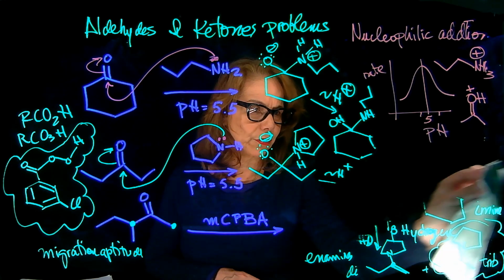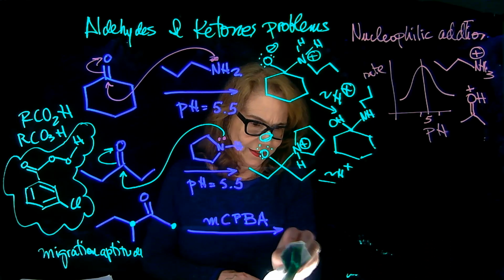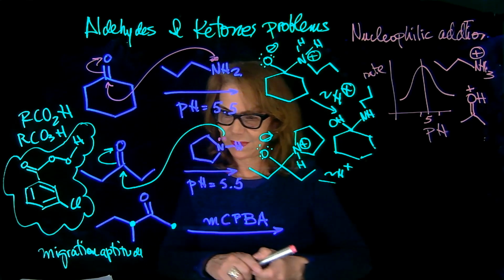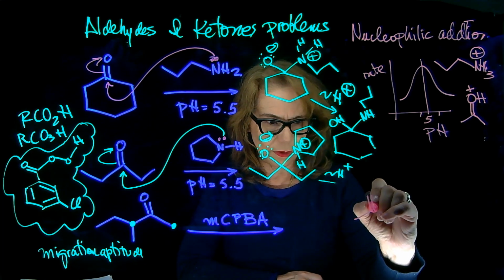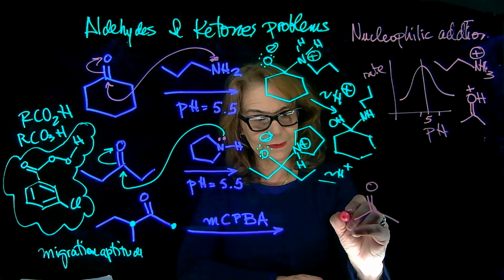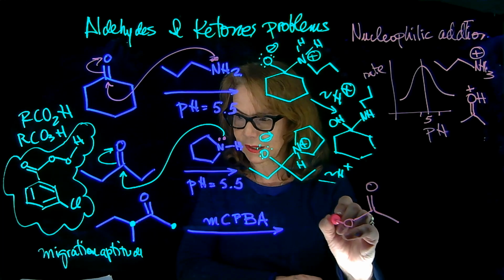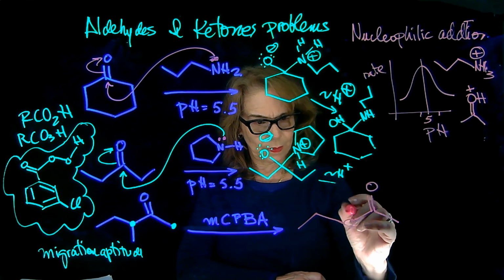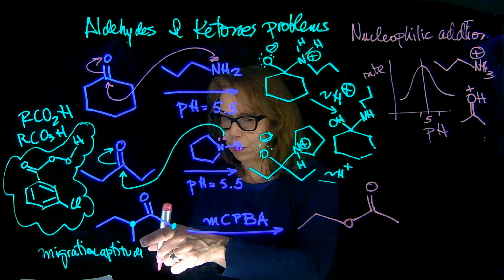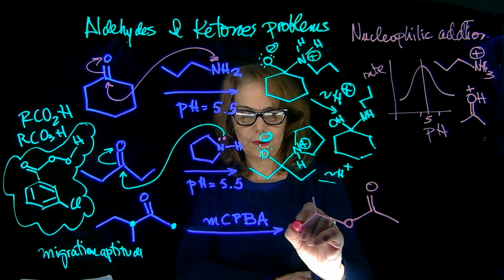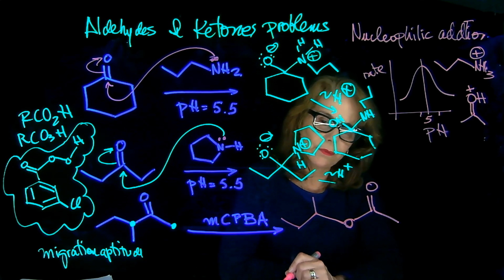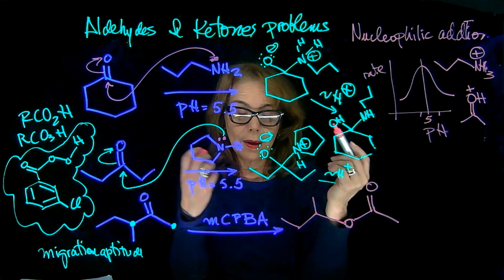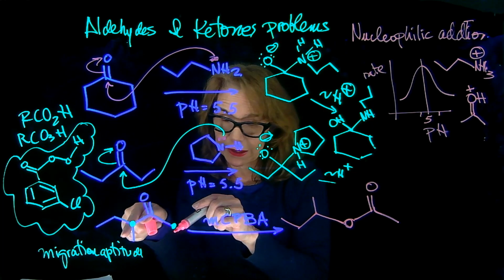So I'm going to remove this and do the insertion. So you're going to put simply an oxygen. So I'm going to do the carbonyl compound. This side stays the same, and I'm going to do the other side. So now I'm going to have a carbon. In that carbon we'll have a methyl, and here you will have a methyl. So that is essentially what you're going to be inserting. So remember that when you're studying, study the migration aptitude.